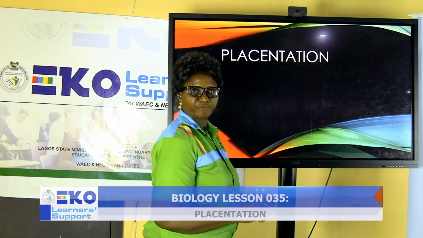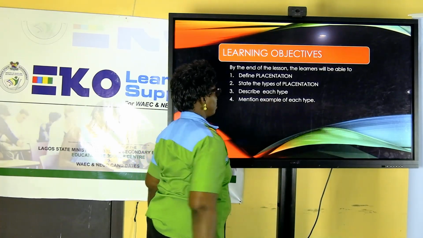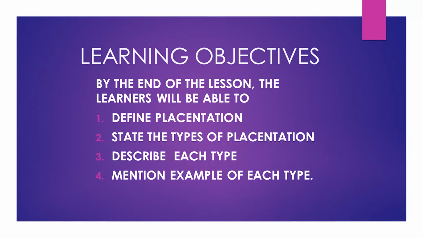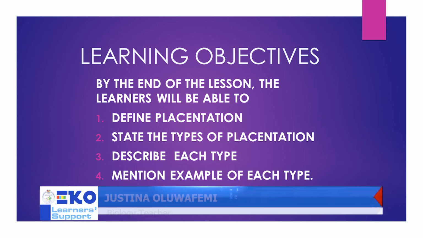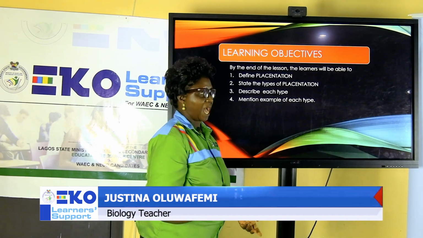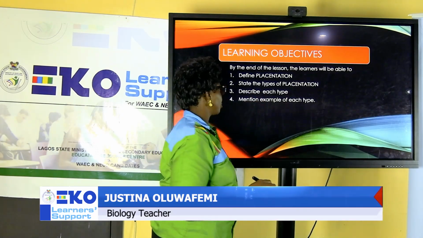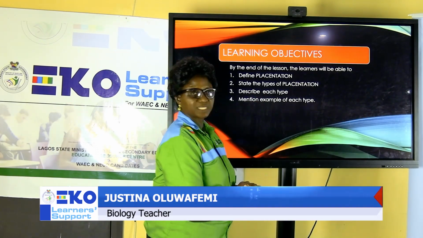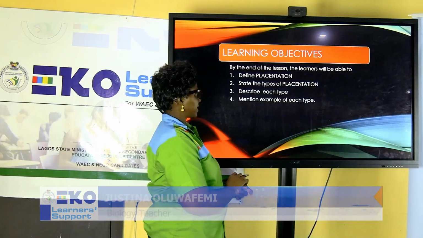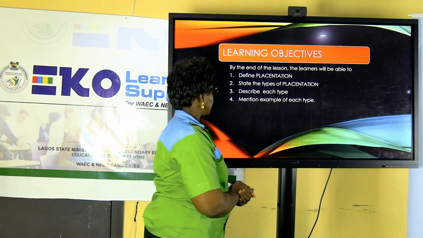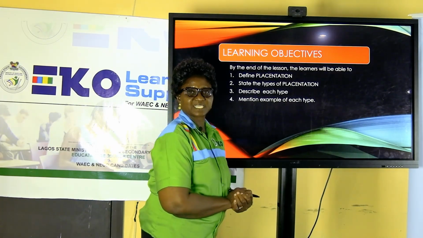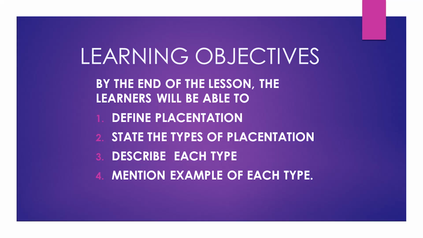Placentation. We have the following as our learning objectives. By the end of this lesson, you are expected to define placentation. Wherever you are, I expect you to be able to define placentation. Then the second important objective is for you to be able to state the types of placentation.